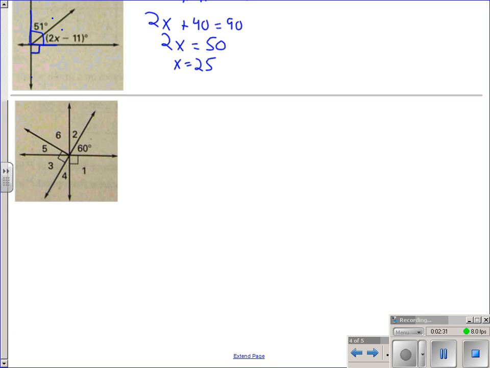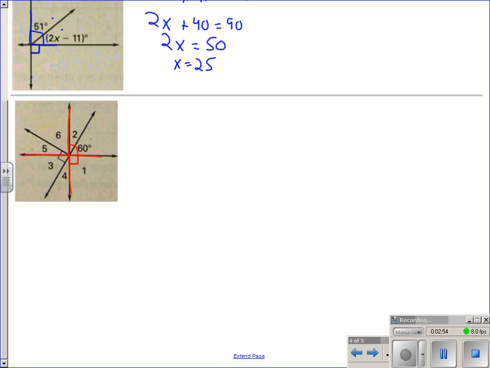For this bottom example, you're given a whole bunch of stuff. The question is, what do all six unknown angles equal? I'm going to start with that perpendicular. When these two lines cross and there's one right angle, that makes four right angles.